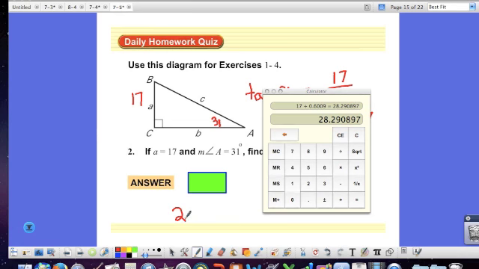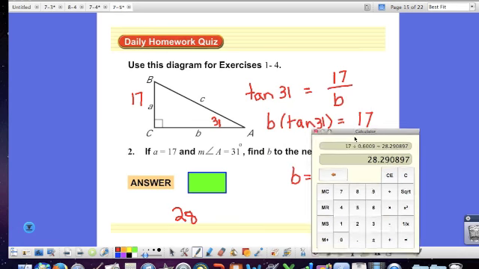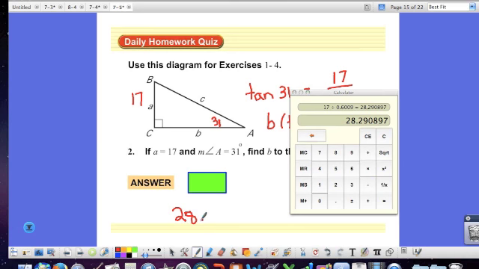So 17 divided by 0.6009 is 28.3. And that's the length.